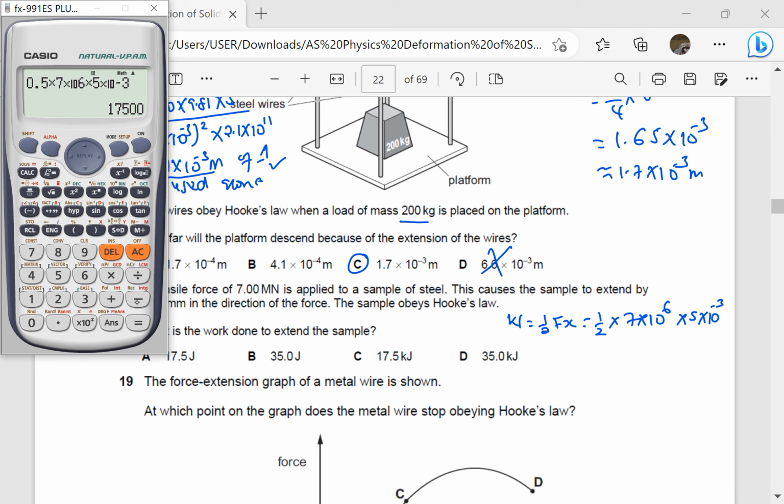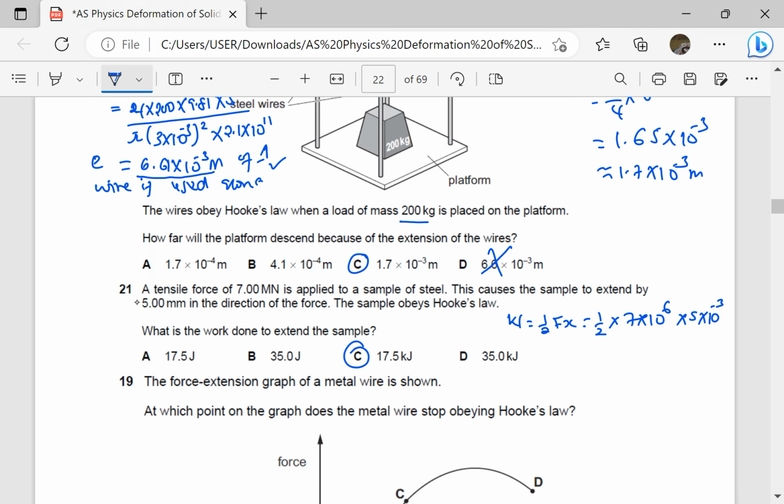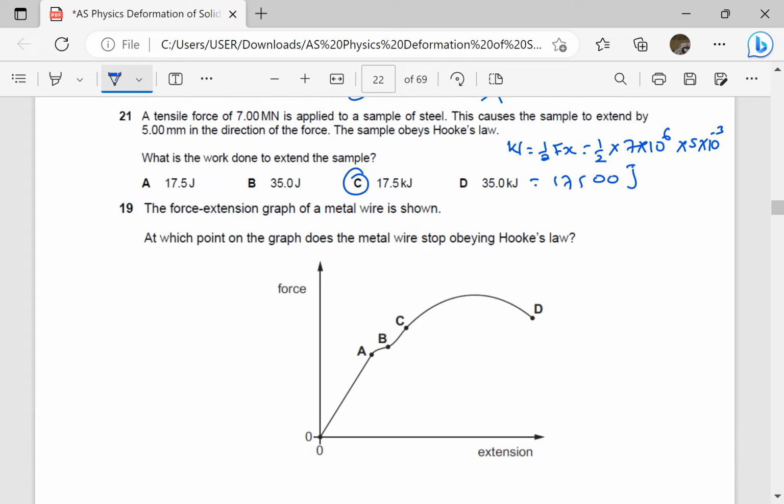That is giving us 17,500, which is 17.5 kilojoules. So that is 17,500 joules, which is 17.5 kilojoules.